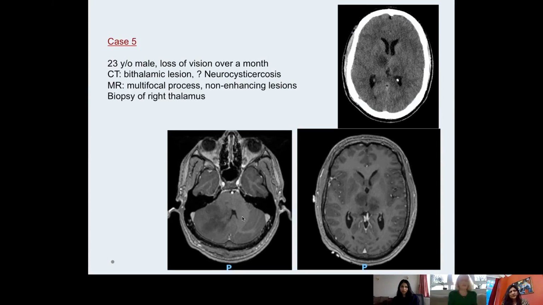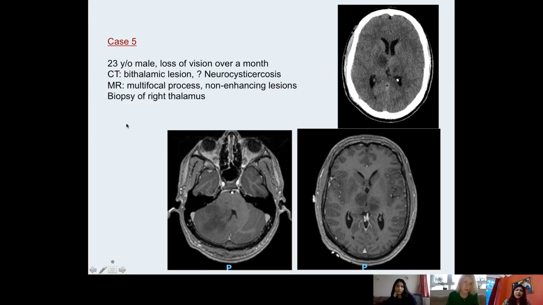Next case, number 5. This is a 23-year-old male with a short history of a loss of vision that developed over a month. He had a CT, which showed a bithalamic lesion, which at the time was suspected to be neurocysticercosis.